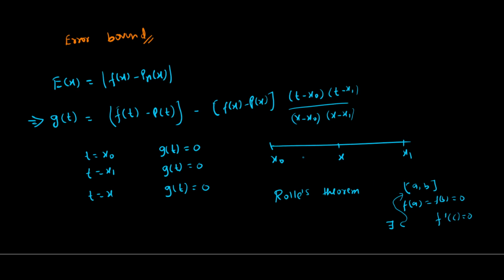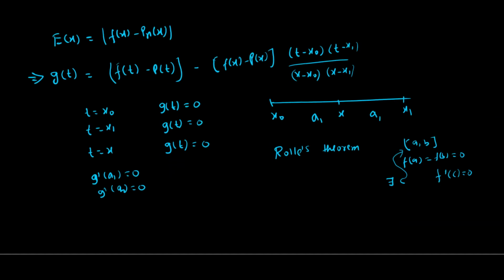So we will be having two values, let's say a1 and a2, for which g dash of a1 will be equal to 0, and g dash of a2 will be equal to 0.